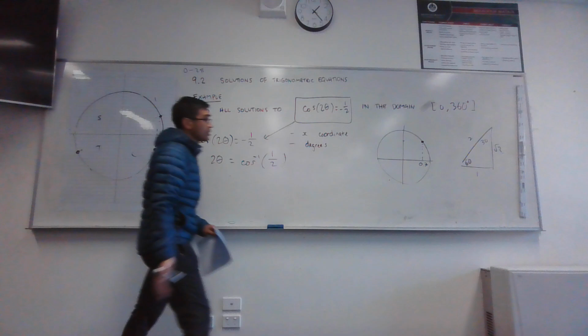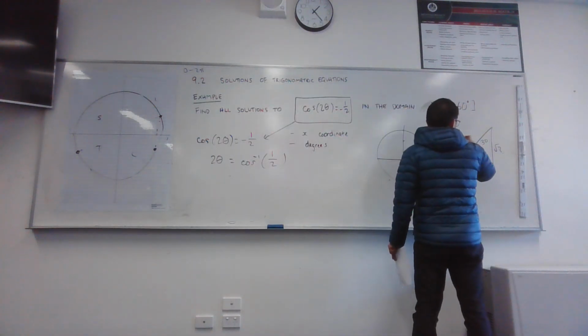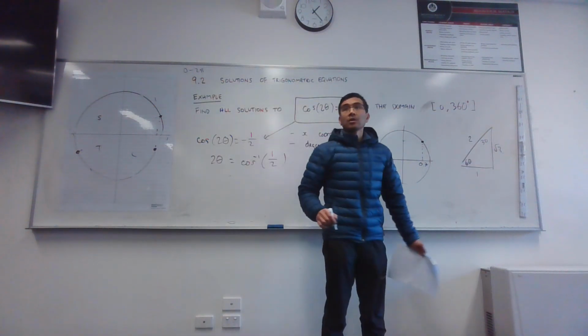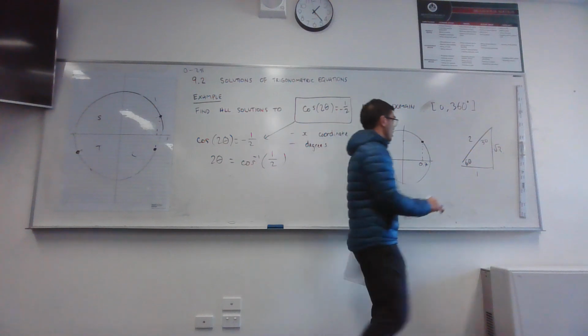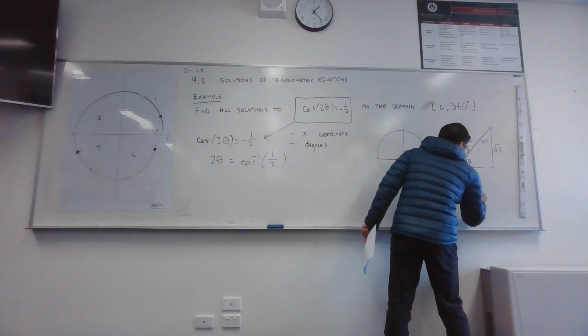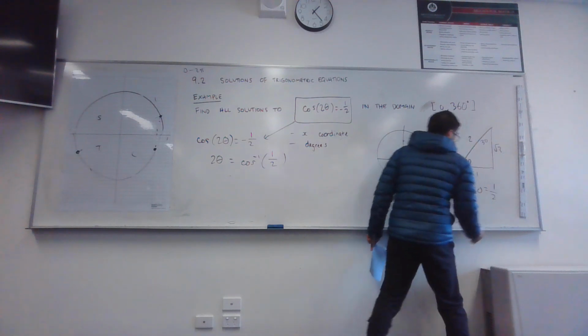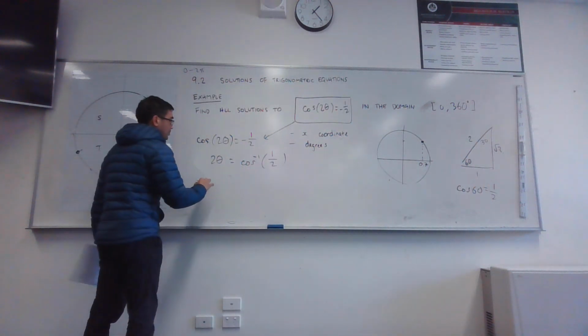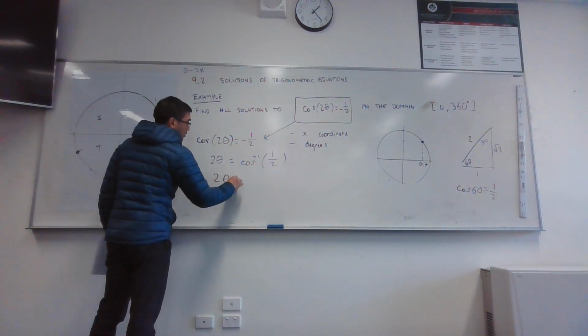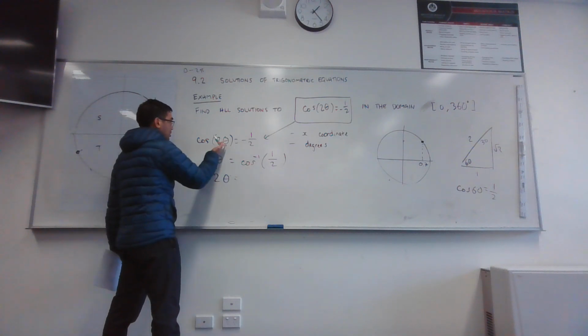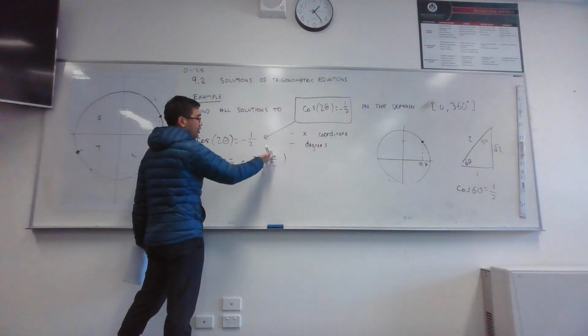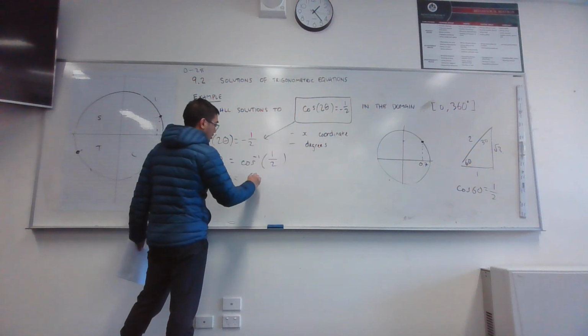Does anyone know what it is? Cosine of 60. So the cosine 60 gets our adjacent over hypotenuse. So they're saying, what's the angle that creates a 1 on 2? It's the 60 degrees.